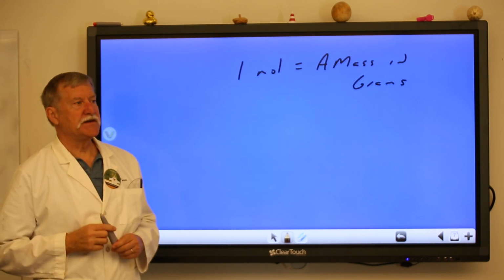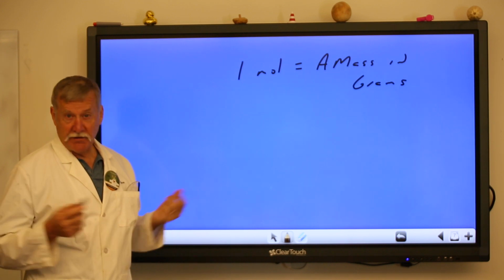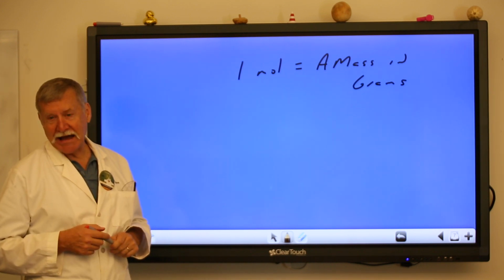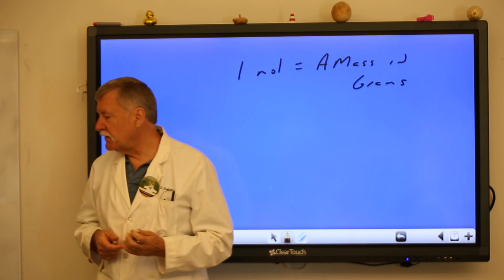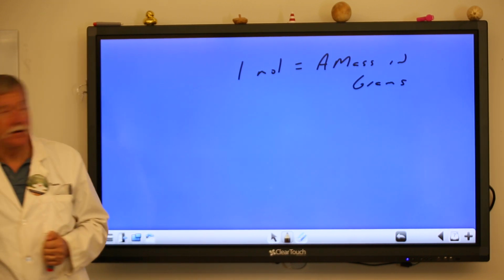So you can literally say that if I've got 1 gram of this, then I know almost exactly how many atoms you've got. It's a pretty good concept to have, all right?